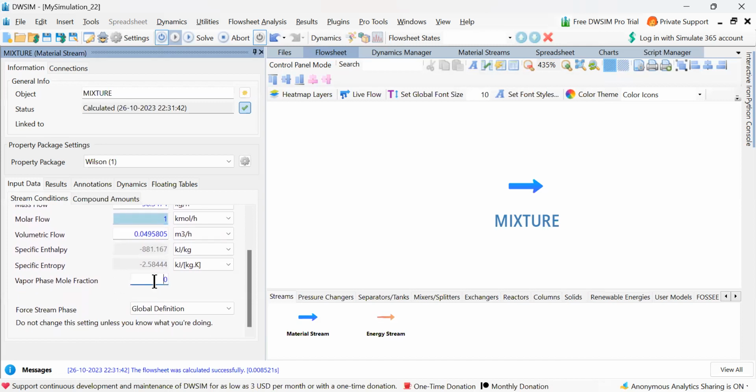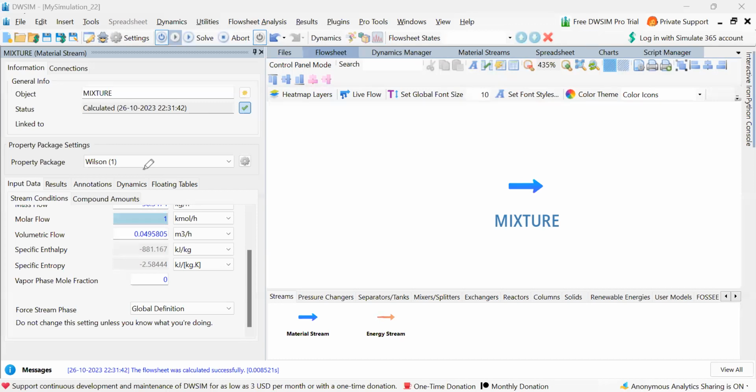Now, if I want to calculate bubble point temperature, I make the vapor phase mole fraction 0. Let me actually show you this way. Yeah, this partial portion, vapor phase mole fraction as 0. Next.